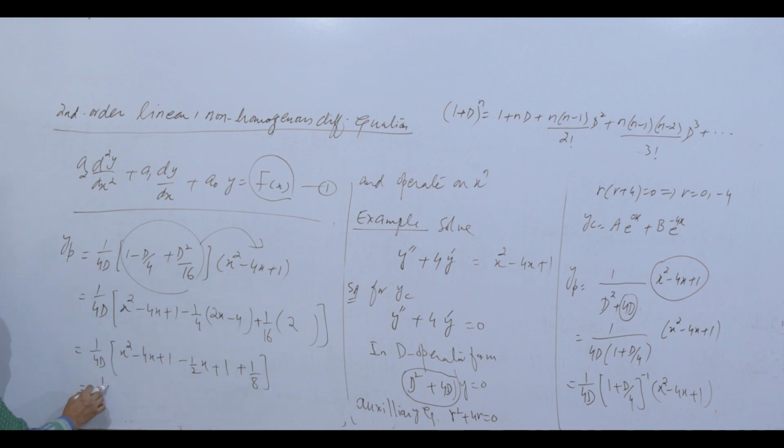One more simplification. So this is x squared minus 9x by 2.